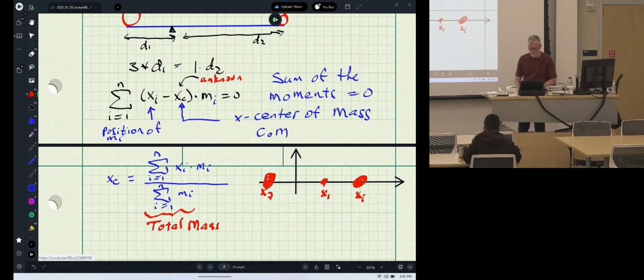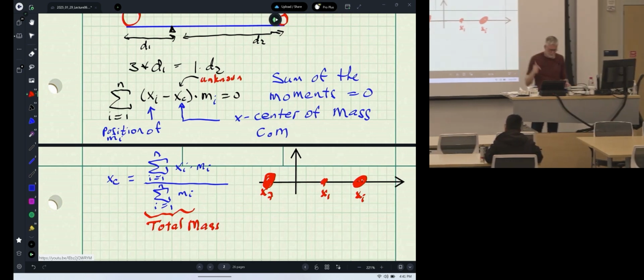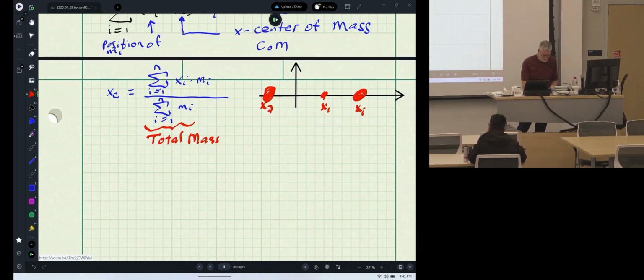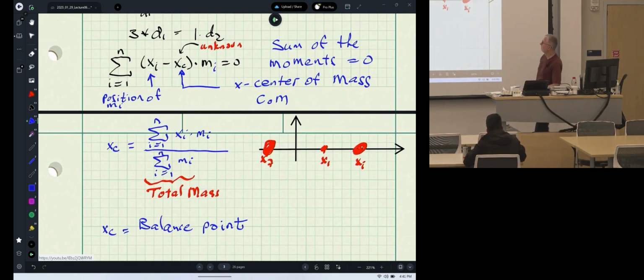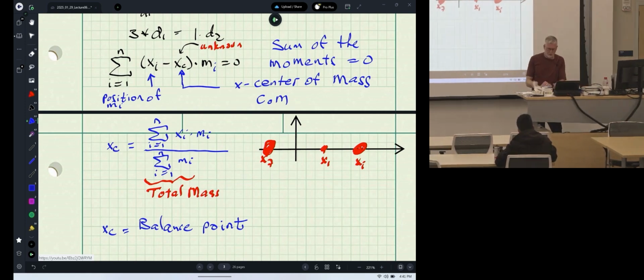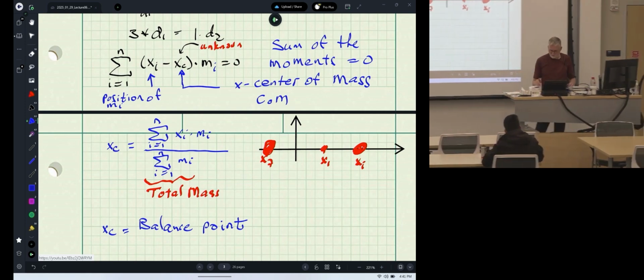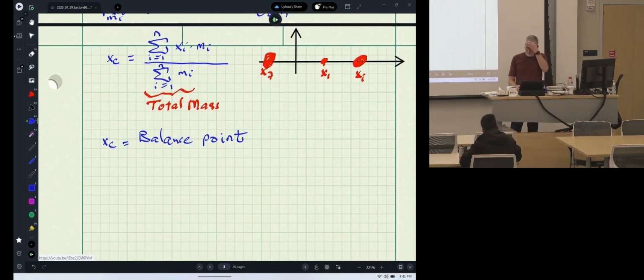And you would add up all those terms, and then XC is where you need to place the fulcrum. So XC is the balance point. Okay, so that's the notion of center of mass and equilibrium and balance when you have just discrete masses.